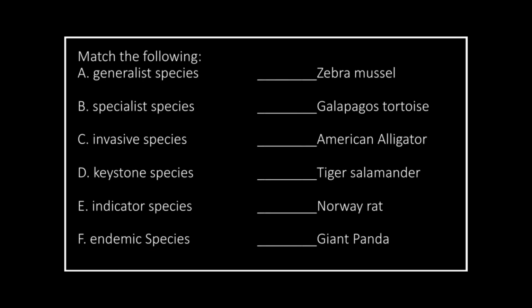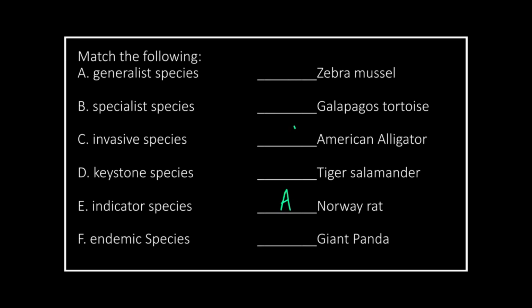Onward. So let's match the following. So these are different organisms, and some of them we've talked about, some we have not. But we want a generalist. A generalist is something that will eat lots of things. And so of these choices, they like the rat to be the best one.